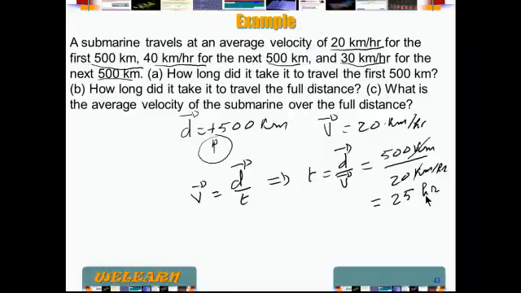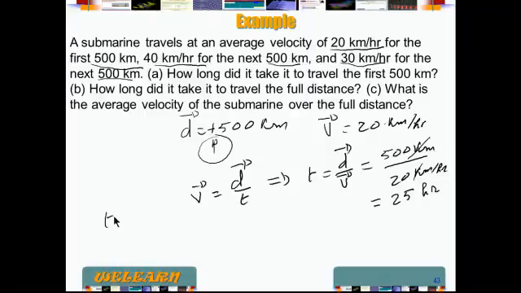Then the next question, how long did it take to travel the full distance? Okay, so what do they tell us? 40 kilometers per hour for another 500 kilometers and 30 kilometers per hour for the third 500 kilometers.